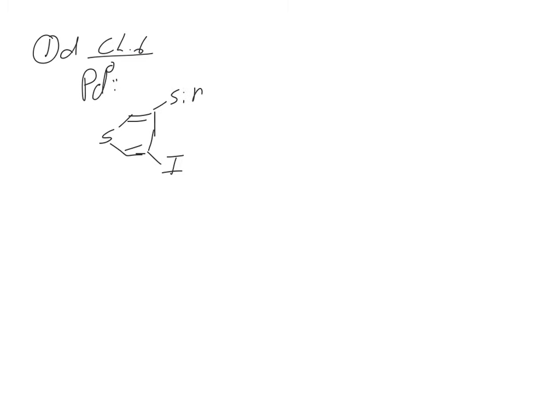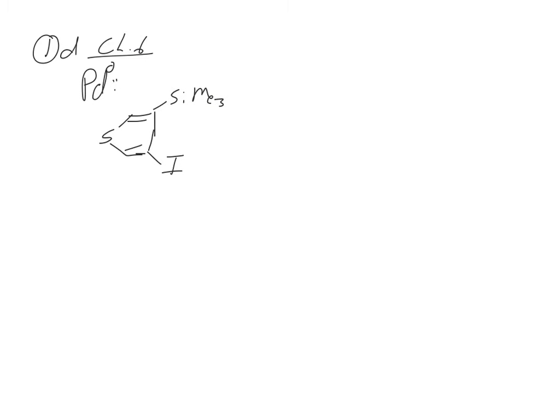Okay, so now that I've shown you this super complicated way to make palladium 0, let's pretend I have palladium 0. And we're going to do this question, it's 1D in chapter 6 in the Grossman. All right, 1D. So in that case, we have a cyclic compound with a polar bond to iodide, right?